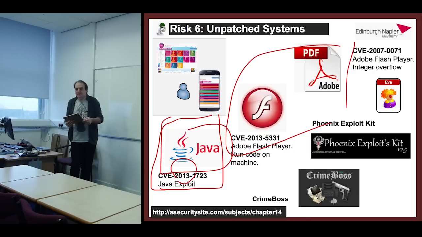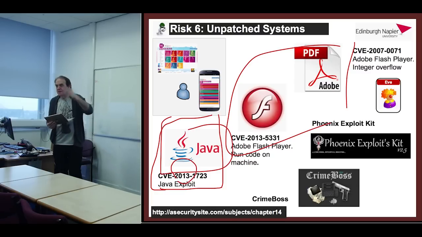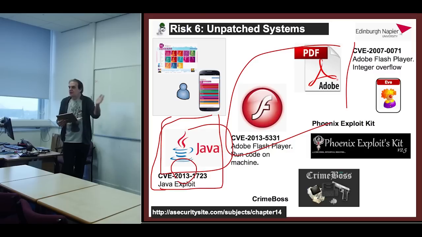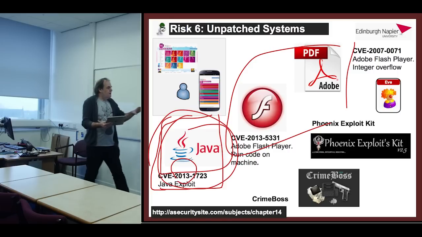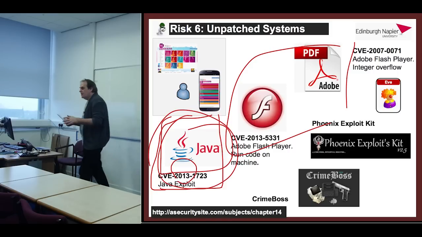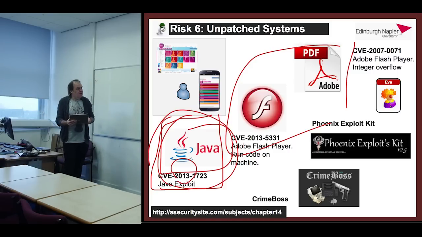Your programs will typically bind to a certain version of Java. It's not like .NET, where you get many different versions of the framework on your machine, and whatever version the .NET program has been compiled for, it will run from that framework. So Java has a bit of a problem, and there are well-known exploits for it.